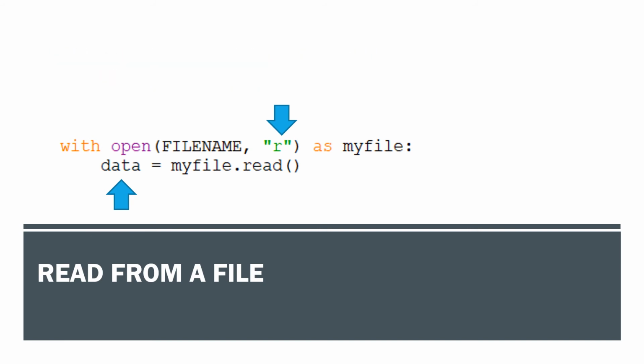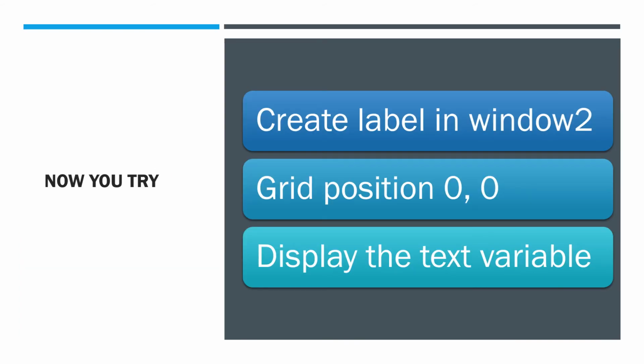So I've just left that up there because if you're going to copy this code into your own program, that's the bit that you have to copy. Those two lines will read text from a saved file and store it in a variable of the name of your choosing. So to complete the procedure, you need to add a couple of extra lines, and this is what they should do.